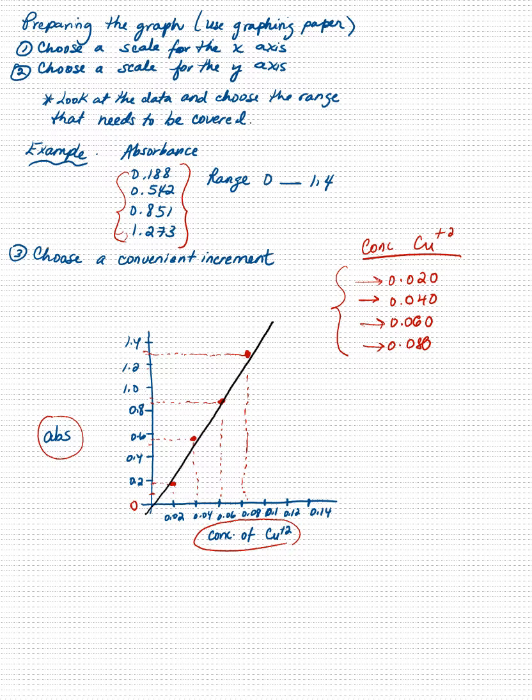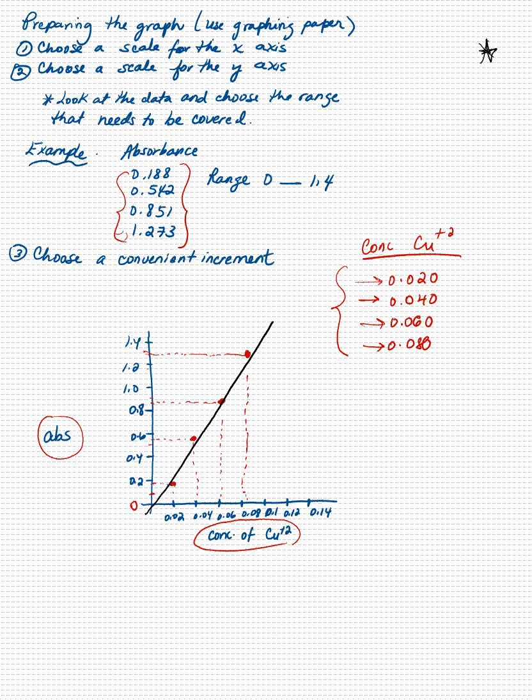It has to go through 0. That's better. So I have my line right there. So you have your graph. Look, you have graphing paper, square paper. At the end of your lab manual, the last pages, you will find graphing paper. So you should use that paper to prepare your graph.